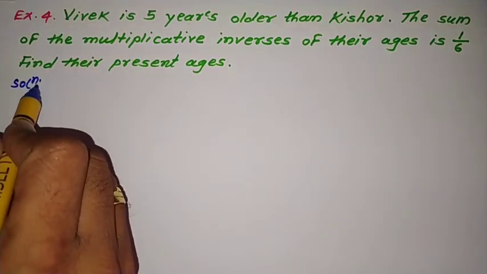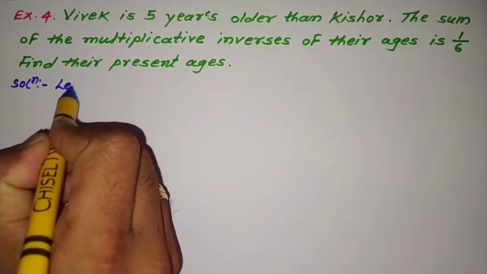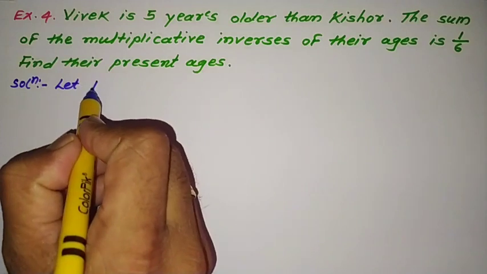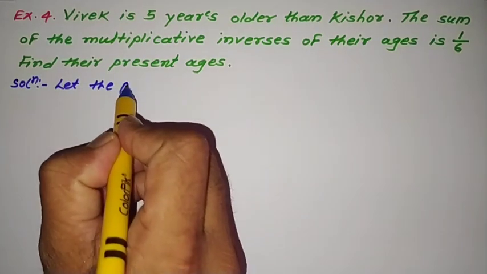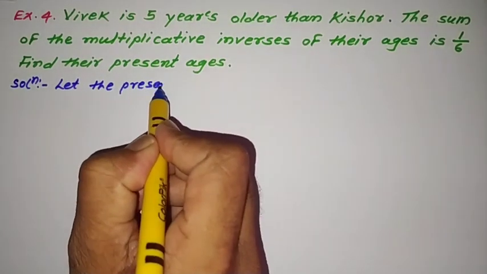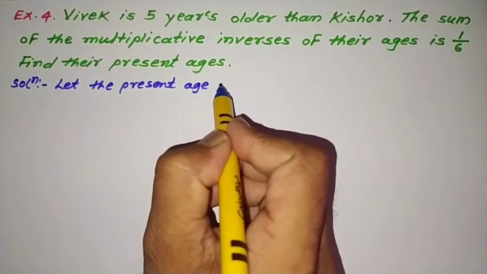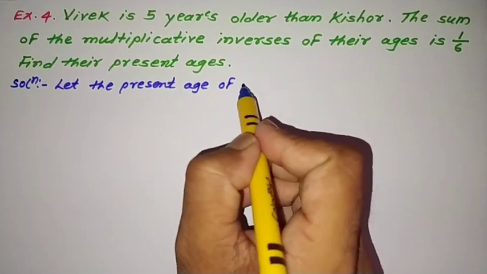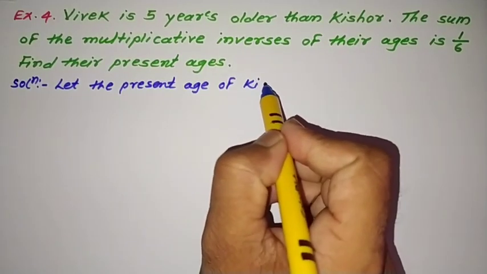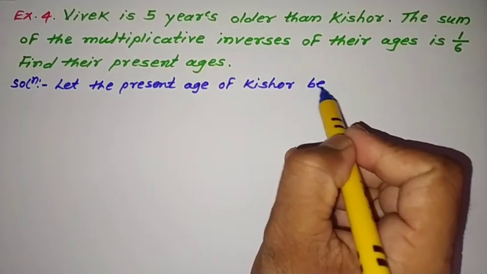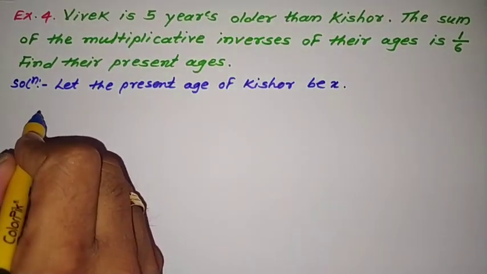First, solution. Let the present age of Kishore be x.